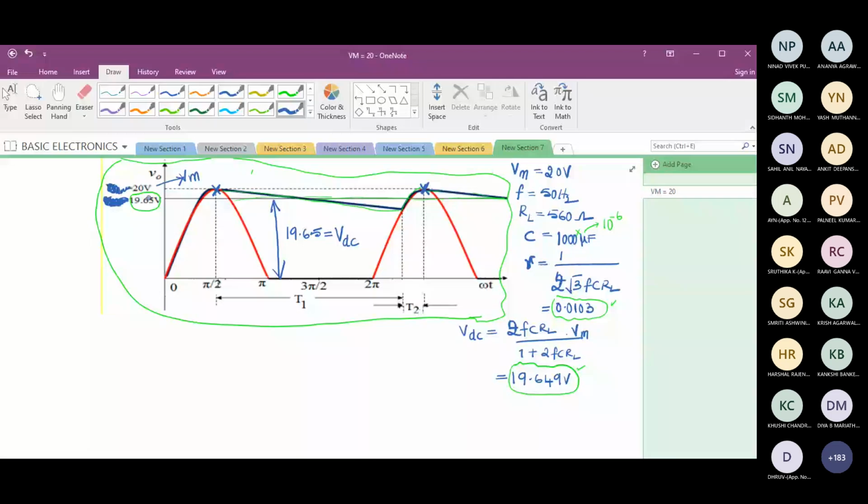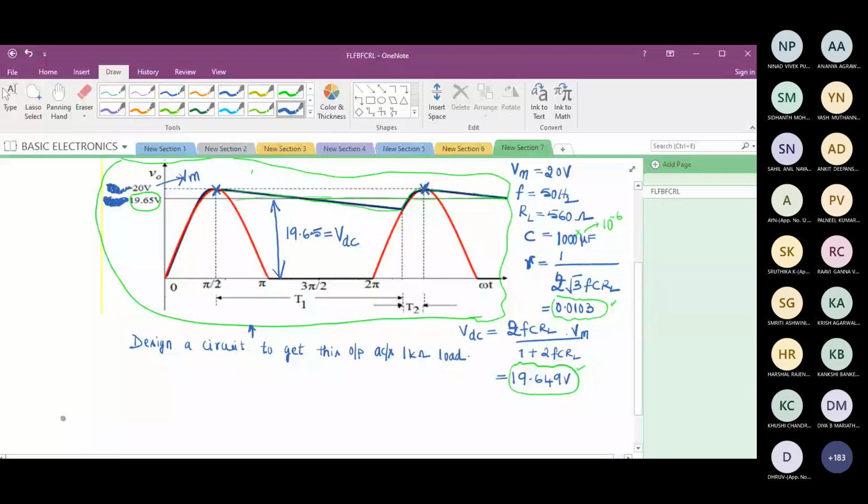So given this waveform, if I ask you to design a circuit to get this output, in the sense the waveform shown above, across a 1 kilo ohm load.